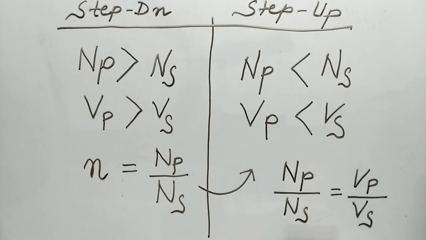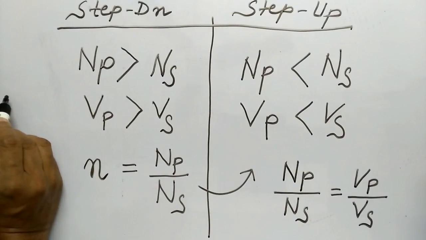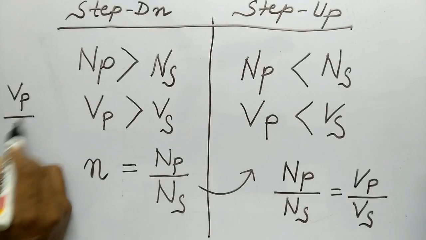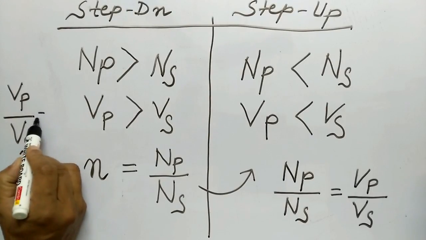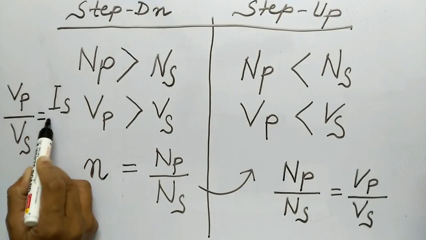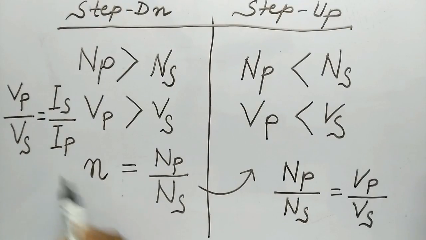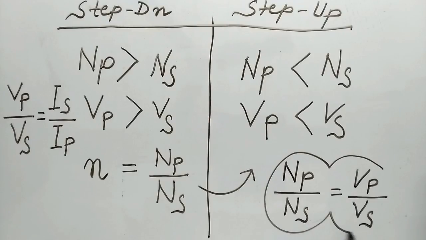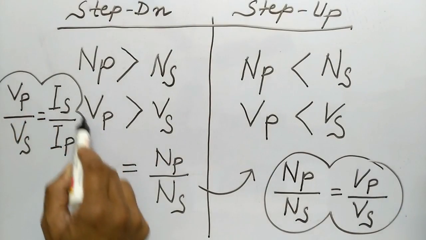The second equation is: potential difference in the primary coil divided by potential difference in the secondary coil equals the current in the secondary coil divided by the current in the primary coil. These two are important relations we have to remember for numericals.